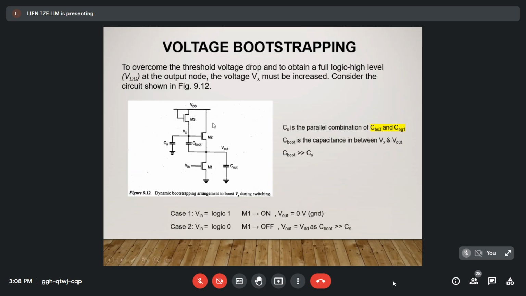This circuit has been shown and studied to overcome the threshold voltage drop, and it can obtain a full logic high level VDD at the output node. This also means that the voltage Vx must be increased. The Vx here is at the output.